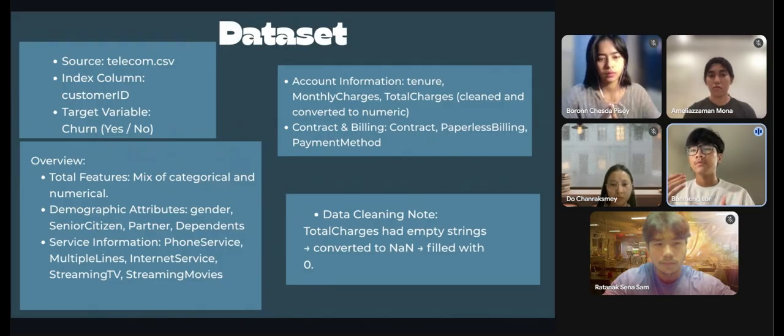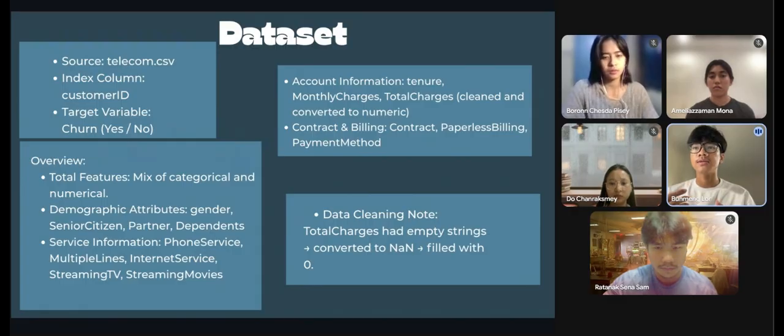The primary goal is to predict the target variable, which is whether a customer has churned, that is whether they've left the company. This is recorded as a binary label in the churn column with values yes and no.